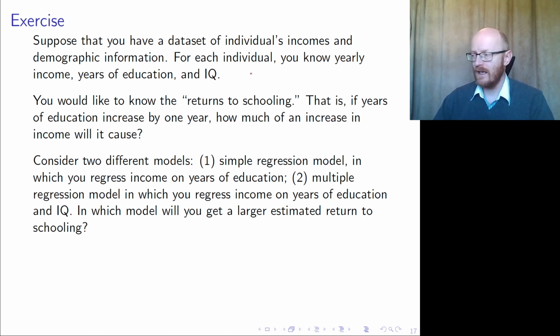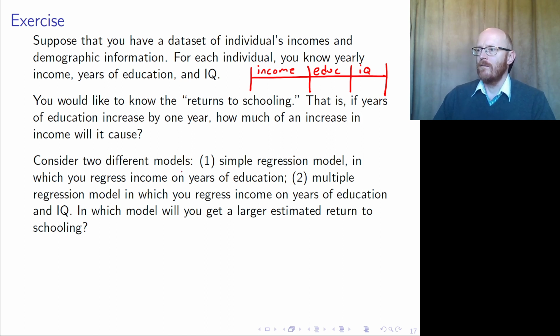Okay, so what you have is like this table of data of income, education in years, and IQ. Okay. So you would like to know the returns to schooling. That is, if years of education increase by 1 year, how much of an increase in income will it cause?